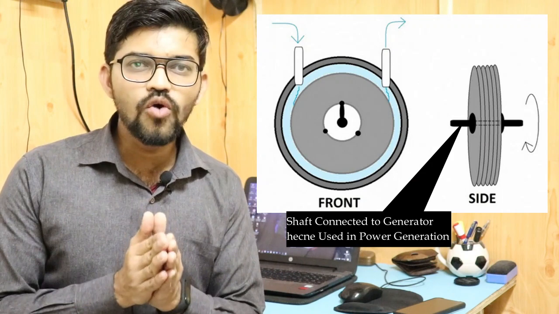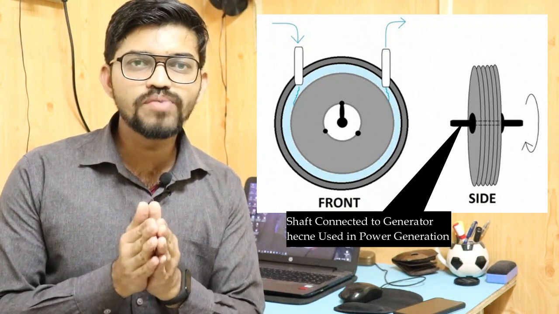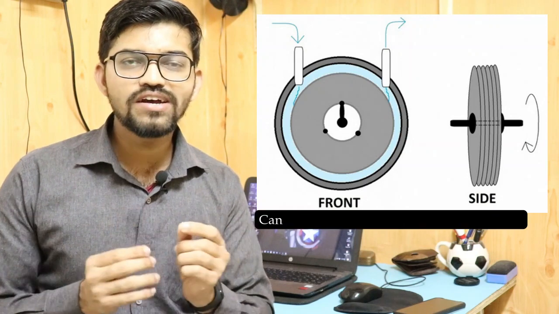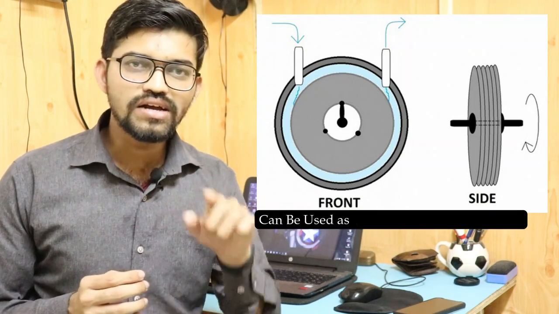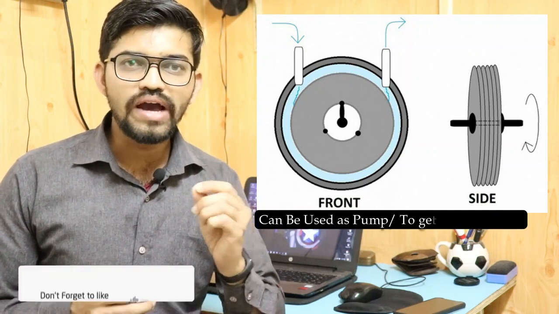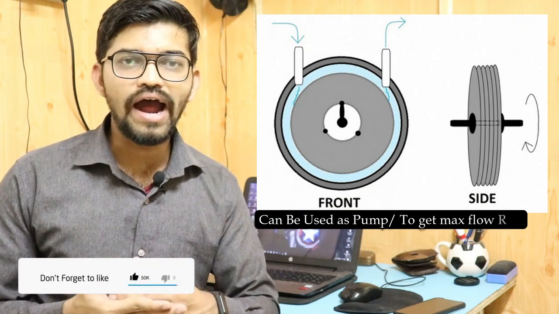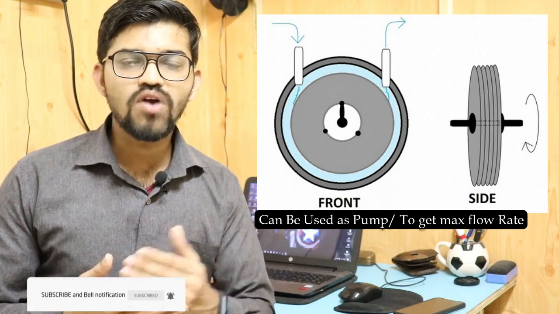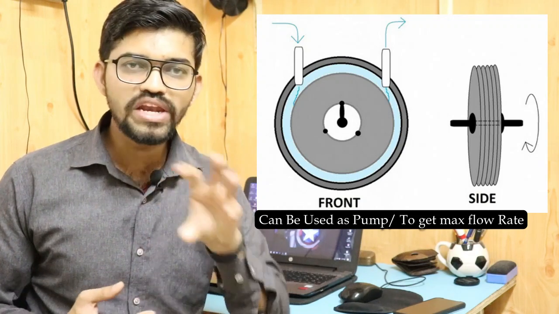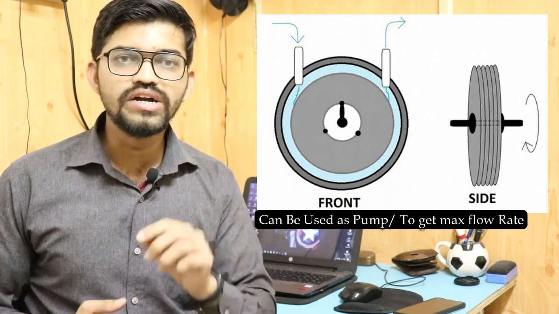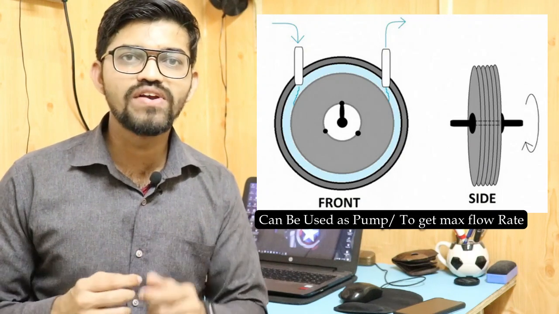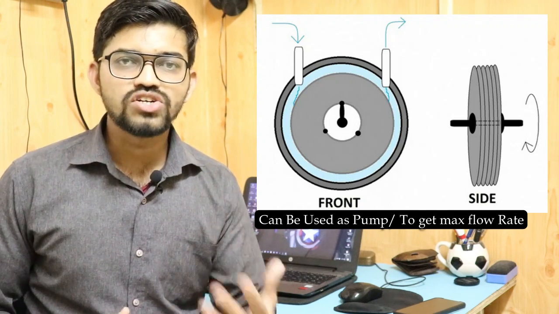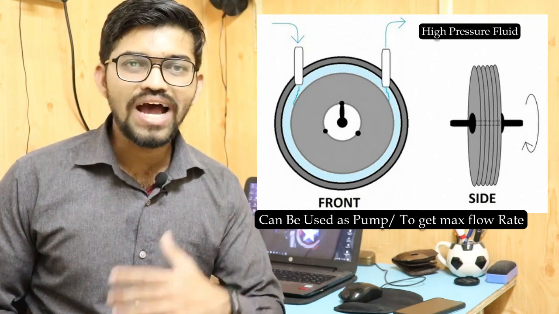Also, we can use this turbine as a pump, where the turbine gets power from an external motor, and the spinning of the disc causes the fluid to get pressurized, so we get high pressure fluid at the discharge. So this can be used as a pump.